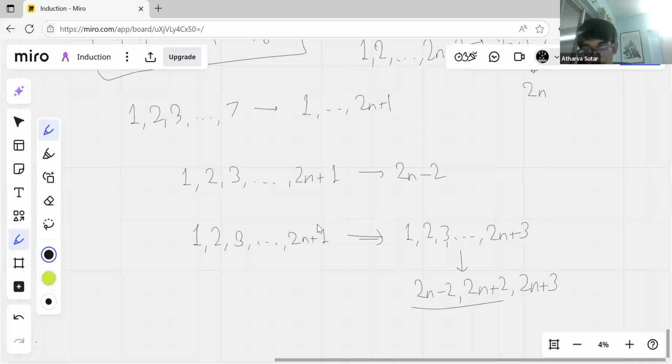When you take the average of these two, that's the only possible move. It will reduce to 2n and 2n plus 3, and you cannot proceed with this. So you cannot exactly take this as the inductive step.